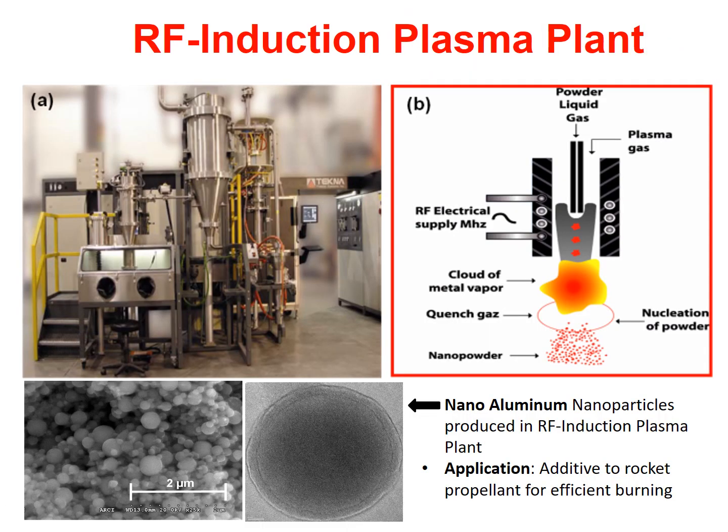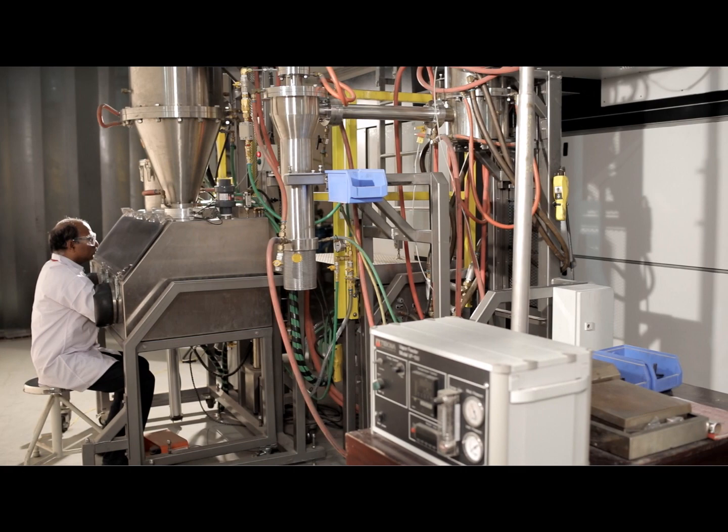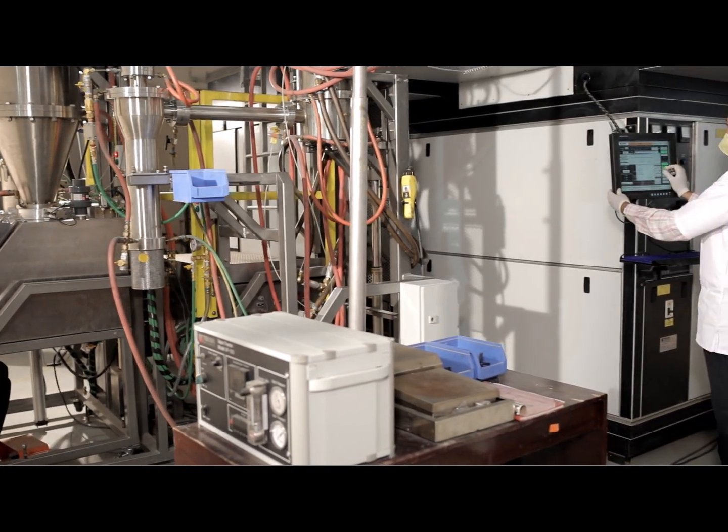One more versatile facility, radio frequency induction plasma plant, is available at ARCI, for bulk production of metals and their carbides, nitrides, etc. In this machine, powder of bulk material or precursor liquid or reacting gas is passed to the plasma of inert gas. The cloud of material vapor is formed in the plasma.